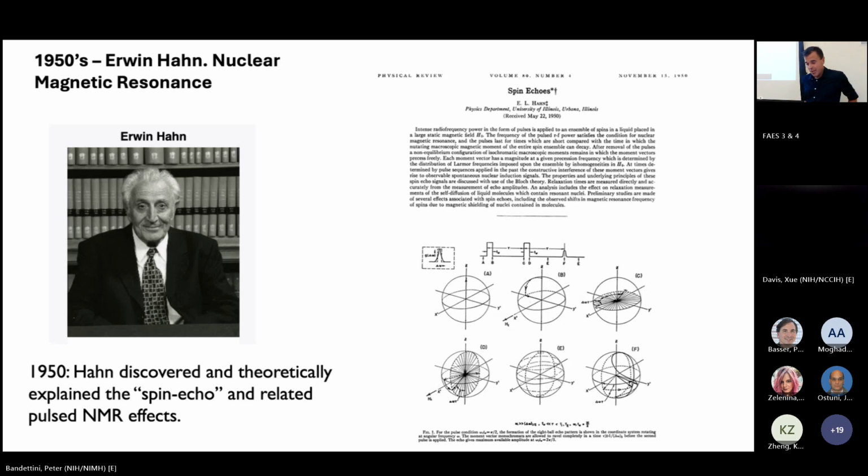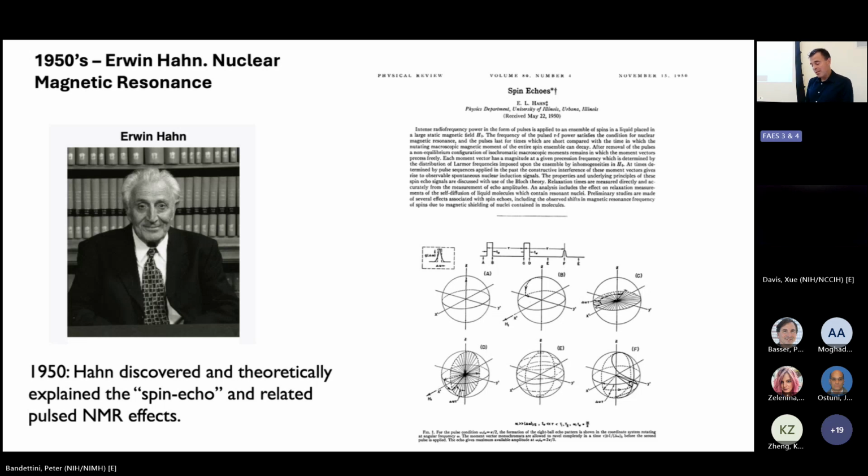All right. So now we're going to MRI. In the 50s, MRI was something squarely in the domain of materials science, and even used in oceanography to measure currents. But in samples, actually, Edwin Hahn discovered and explained a spin echo.